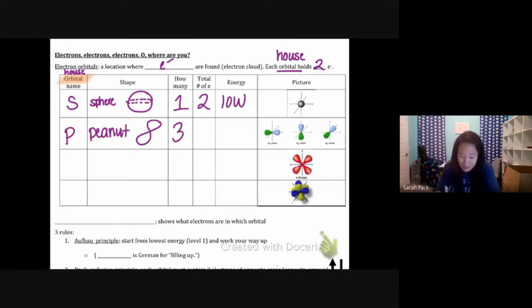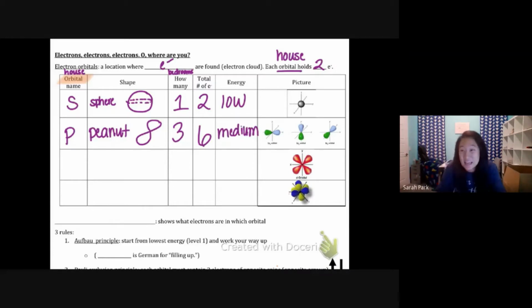You can think of this as the number of bedrooms the house has. The s house is really small. It only has 1 bedroom, and each bedroom can fit 2 electrons. But the p orbital has 3 bedrooms, so it's a bigger house with more bedrooms. Each orbital can fit 2 electrons, so we can fit a total of 6. We can say this is a medium type of energy.